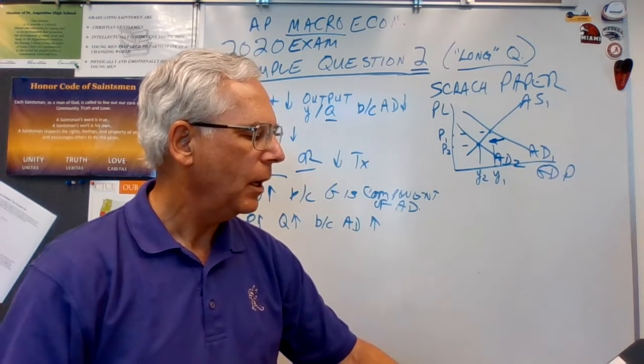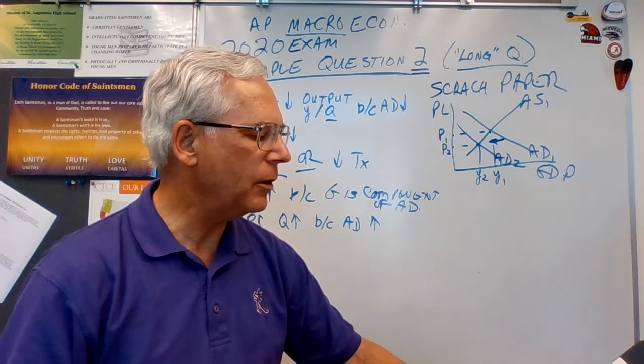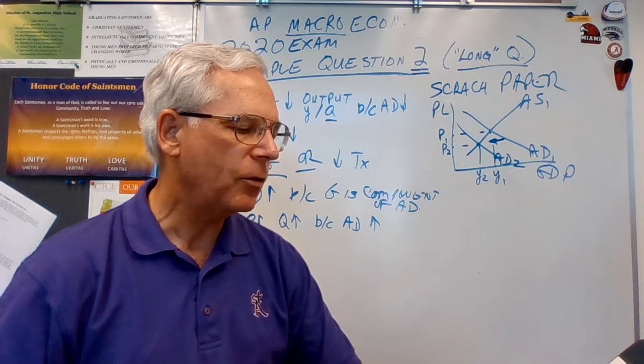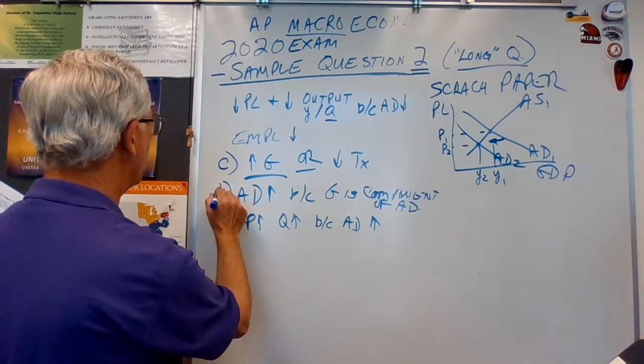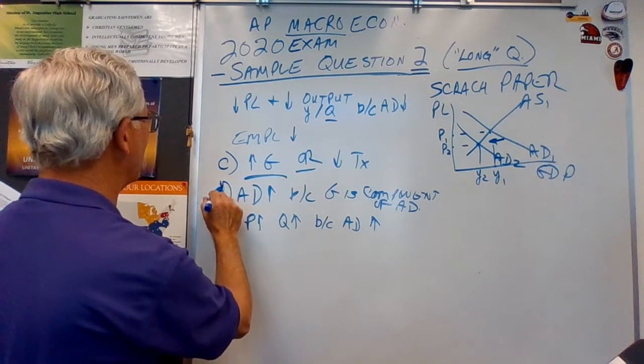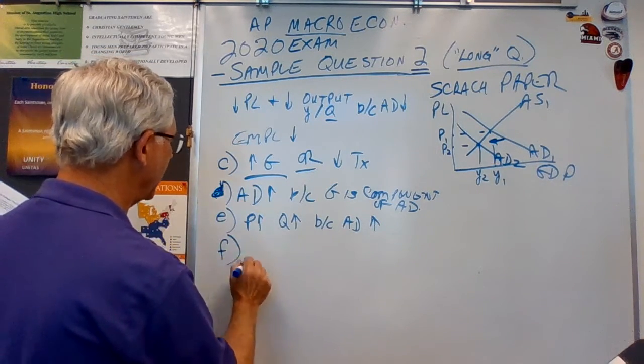That's the answer. And how's that going to impact real interest rates? Okay. Now this is where it gets a little bit more complicated. This was part D. I got my letters wrong. This is part E. This is part F down here.